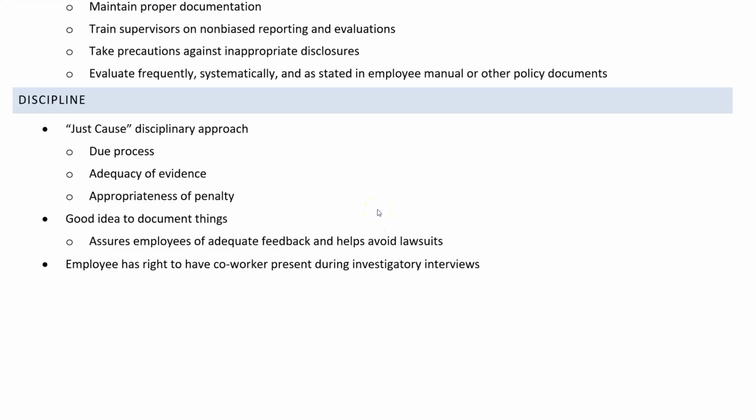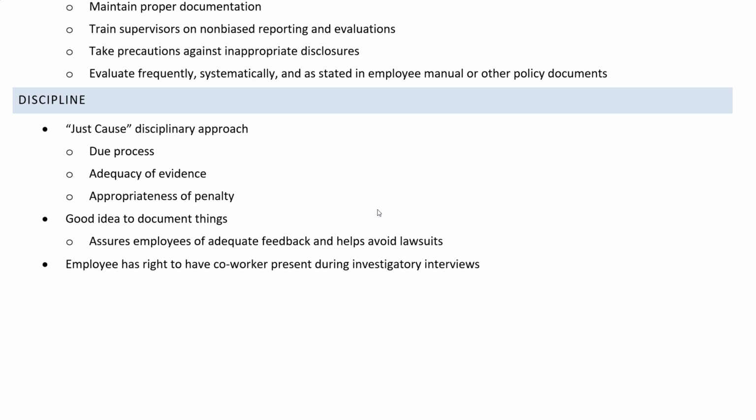But let's say we have a situation where we're going to have to discipline somebody because maybe they've violated policy in some way. Companies handle discipline in many different ways. One of the ways that people say things should be handled is by taking the just cause disciplinary approach.